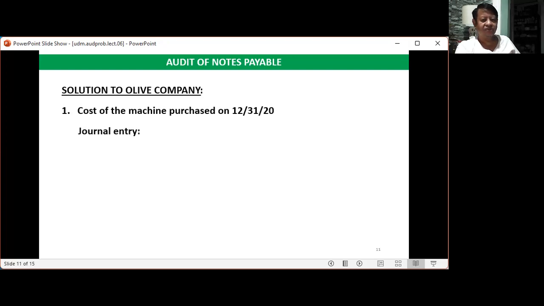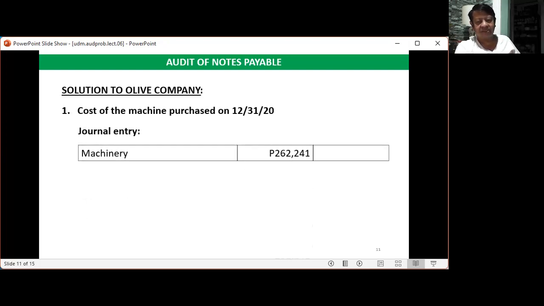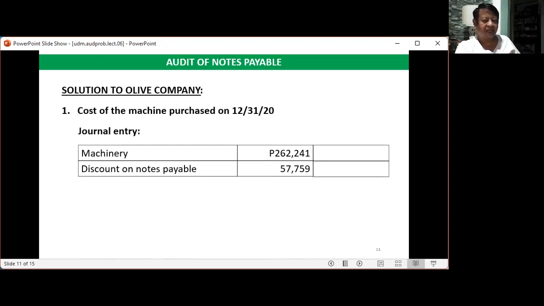This is now the journal entry on the purchase of the machine. We will debit machinery, the amount that we computed in the previous slide, 262,241 pesos. We will debit discount on notes payable, that is 57,759. I will explain to you later how we arrive at this amount.